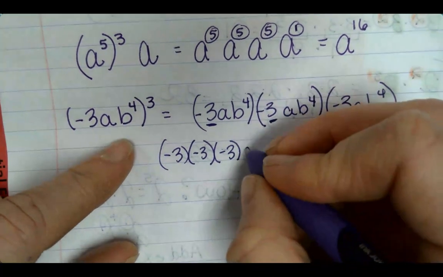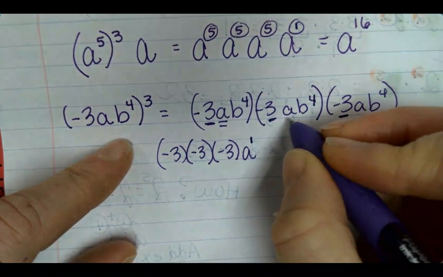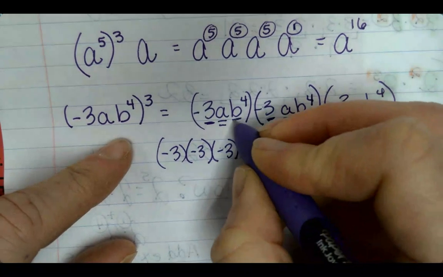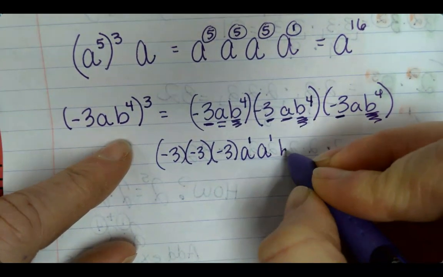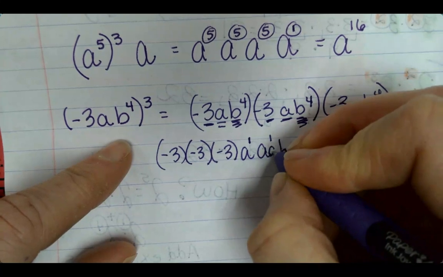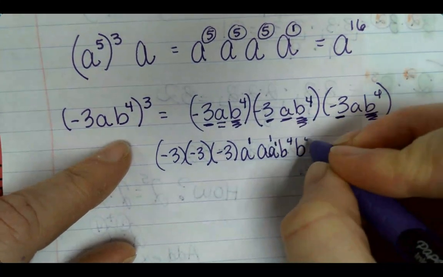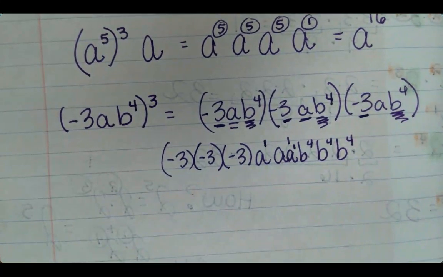And then A to the 1st power, so don't forget that. Another A to the 1st power. And then B to the 4. I forgot it. There we go. Yeah, don't forget it. When you underline it, write it.